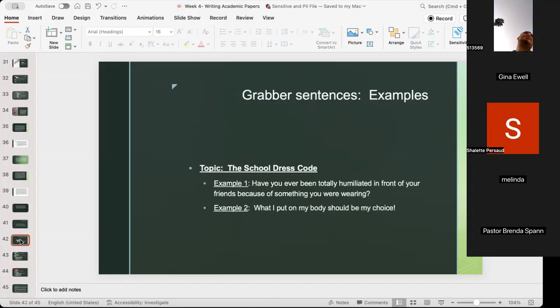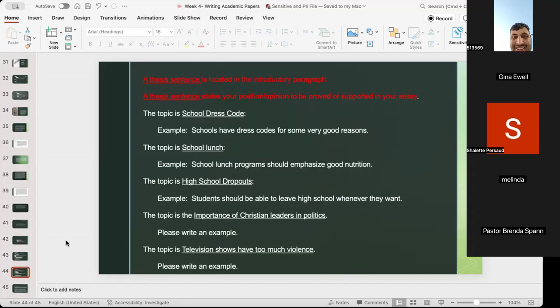My grabber sentence is, have you ever been totally humiliated in front of your friends because of something you were wearing? Okay. And then I give a little bit of details about what it is that people believe, why people believe that a dress code is important.